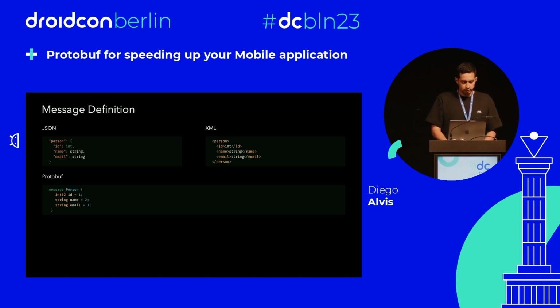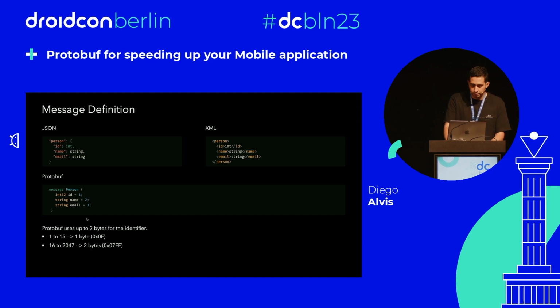Right? So when we define a Protobuf message, we have to put the type, the name of the field, and the position, let's say, in the payload of the information. There is a constraint, which is that Protobuf uses up to 2 bytes for the position, or to identify the fields. Right? It's going to use 1 byte if the position is between 1 and 15, and 2 bytes if the position is between 16 and 2047.